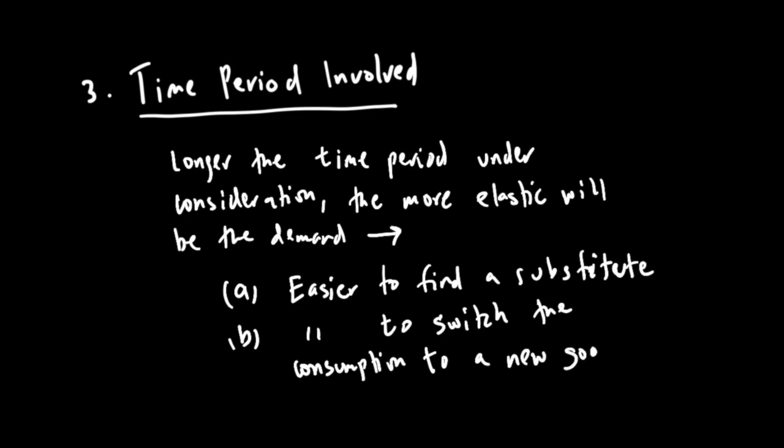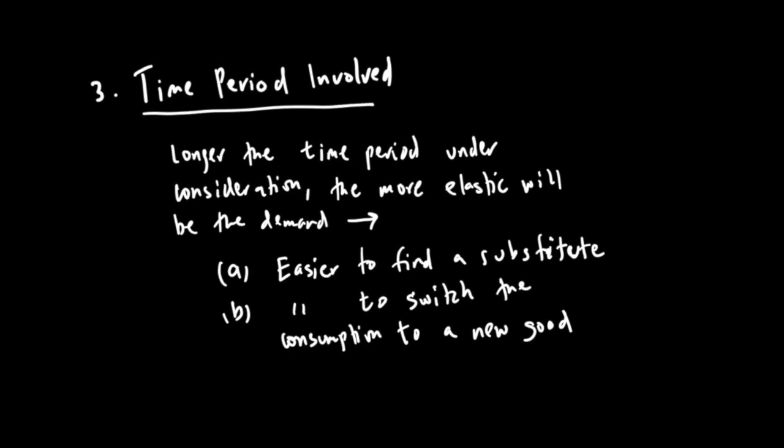So you can change your consumption pattern because you are given a lot longer. But if there's a very small time period involved, let's say you ask a consumer to switch in a week's time, it would be difficult.